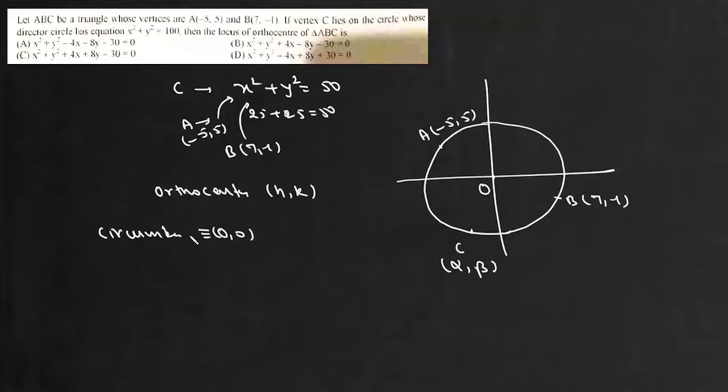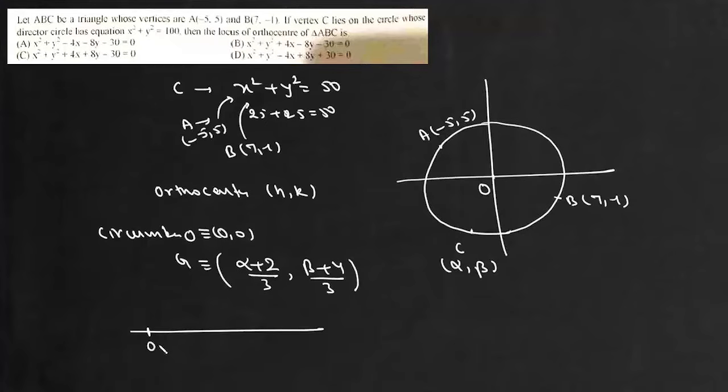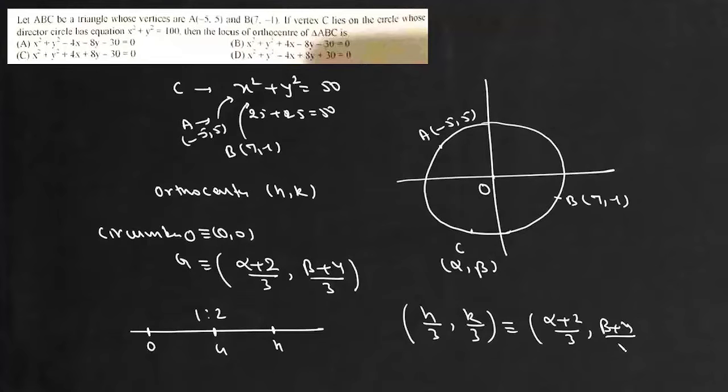We can find centroid, and centroid will be alpha plus 2 by 3 and beta plus 4 by 3, and we know that circumcenter, centroid and orthocenter, they're collinear, and G divides OH in the ratio 1:2. So basically we'll use section formula. So it'll be this H by 3 and K by 3 will be equal to alpha plus 2 by 3 and beta plus 4 by 3.